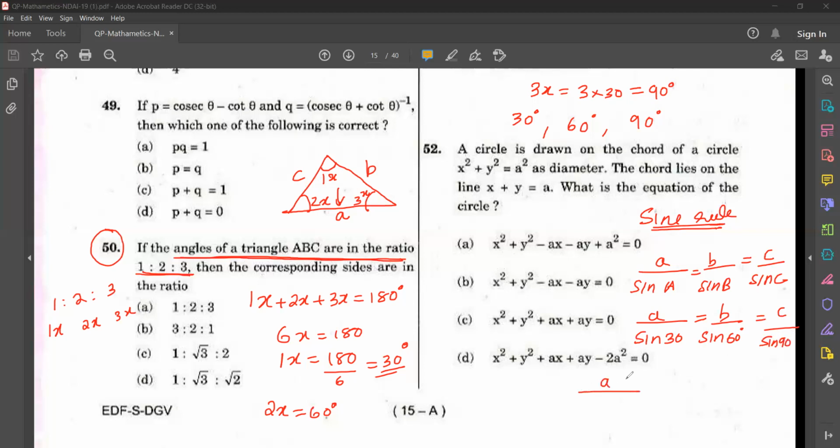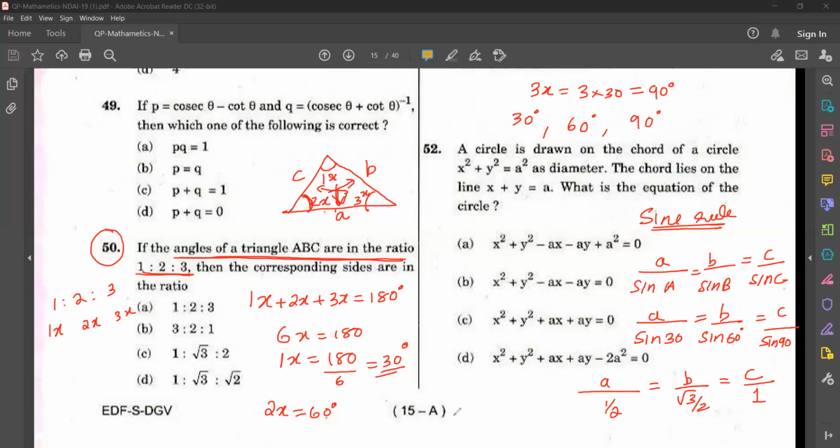So like this we are taking each side by the sine of its angle. Sine 30 is 1 by 2, sine 60 is root 3 by 2, sine 90 is 1.